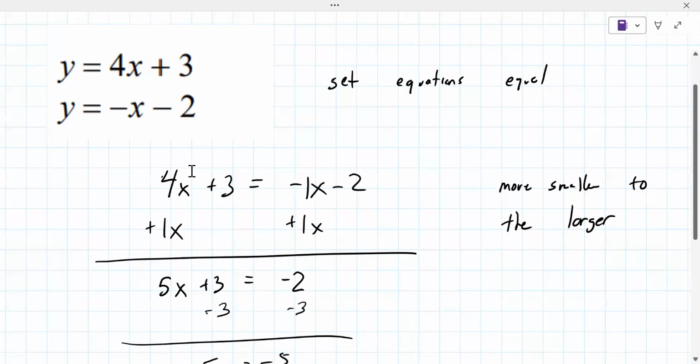So we're writing 4x plus 3 equals minus 1x minus 2. Oh, never mind. That's where I got mixed up last time, I thought the Y was included in the whole thing. Okay, I remember now.